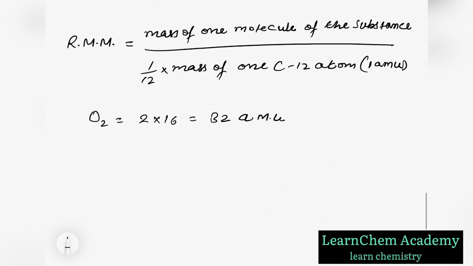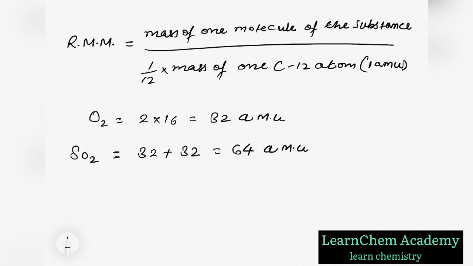If we take another molecule, SO2, sulfur dioxide, here sulfur's mass is 32 plus oxygen mass also 32, so we get 64 amu as the molecular mass of SO2.